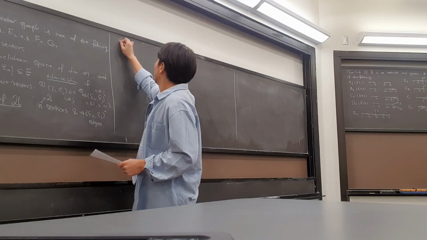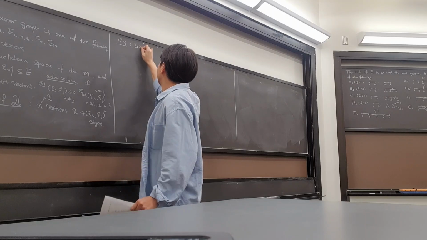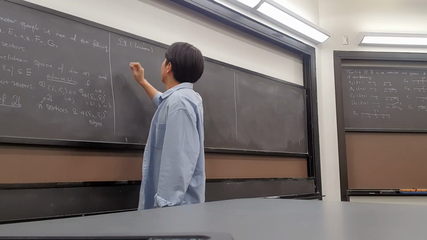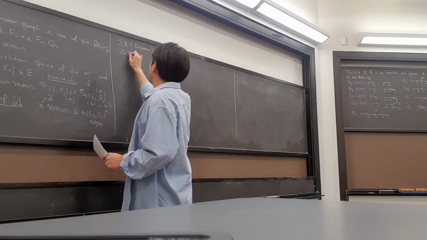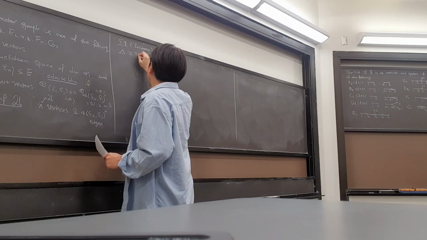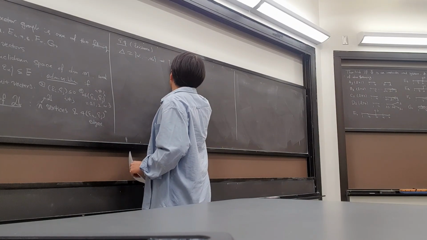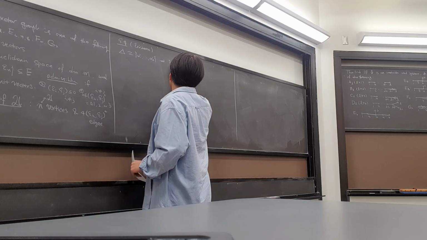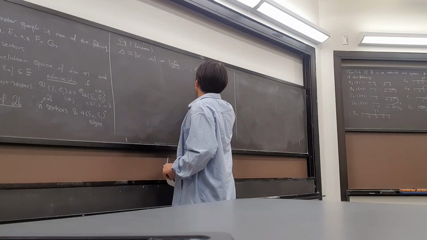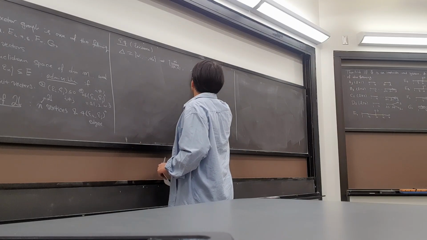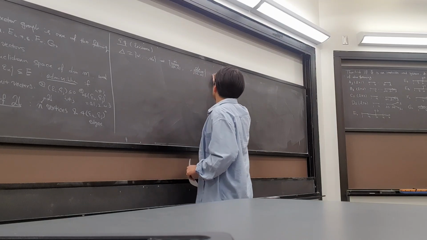And this admissible subset always exists. This is because we have an example for its existence. Suppose there is a root system and a base, a subset alpha 1 to alpha n. Then alpha 1 over the square root of (alpha 1, alpha 1), up to alpha n over the square root of (alpha n, alpha n), is an admissible subset.